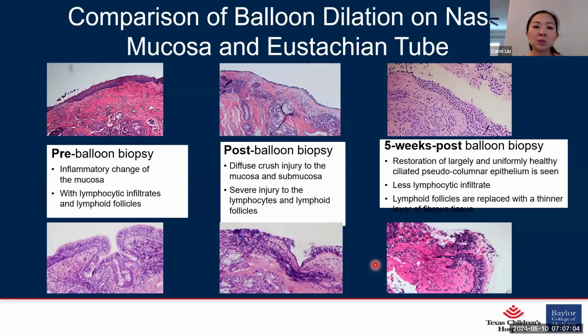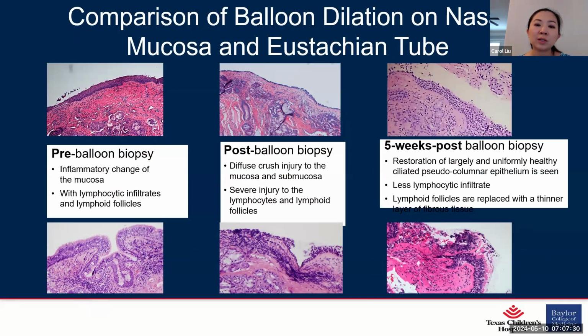There is also research that looked at whether, in any other place in the nose, if we do turbinate reduction, you would have a similar result. The bottom picture here is all Eustachian tube dilation histology for the mucosa: pre-dilation, immediately post-dilation, and then the six weeks follow-up.